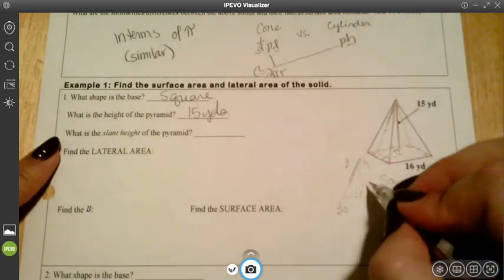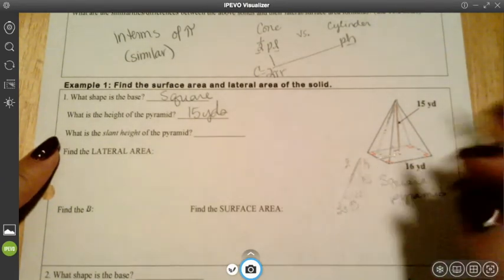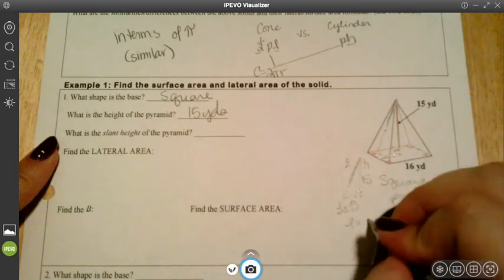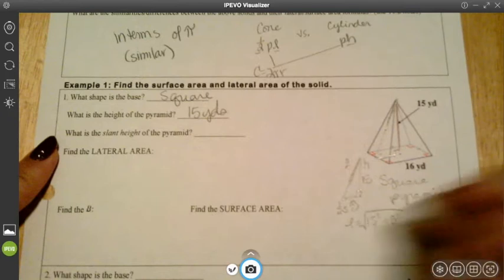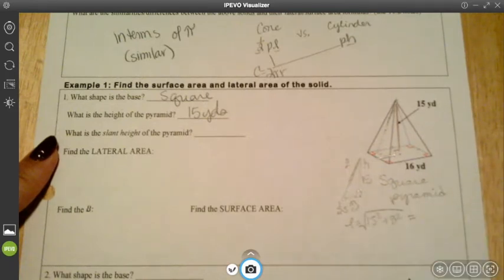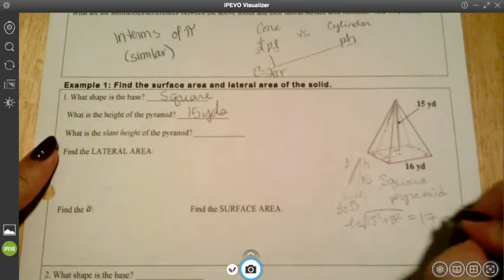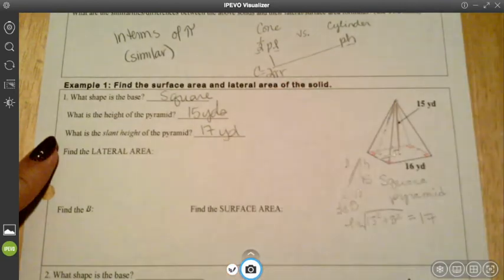So we have 15 here. Half of a side is 8. In order to find L, I need to do 15 squared plus 8 squared equals L squared. So I'll take the square root of those, put that into the calculator, and you should get 17. So the slant height is 17 yards.